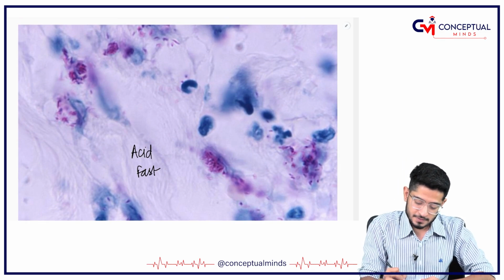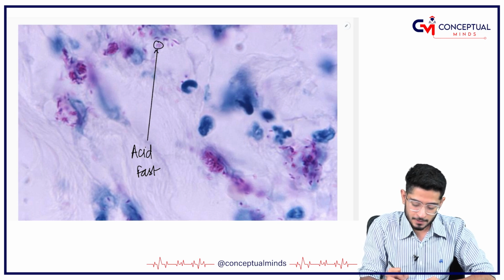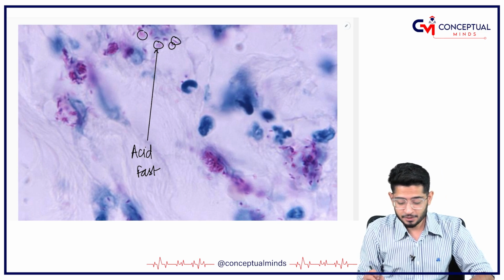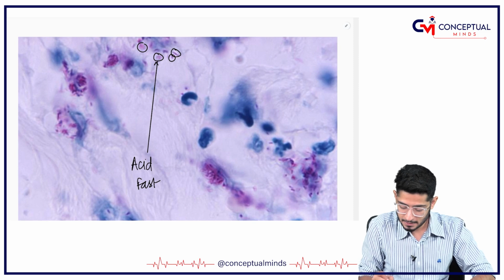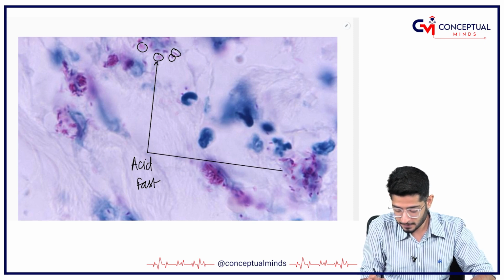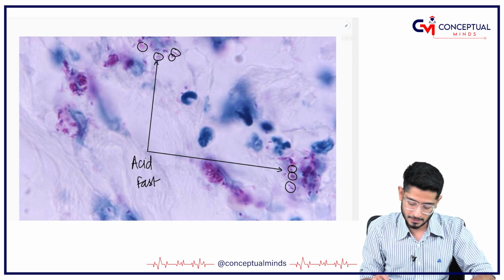Can you see this? These pink ones are the acid fast stained bacilli.